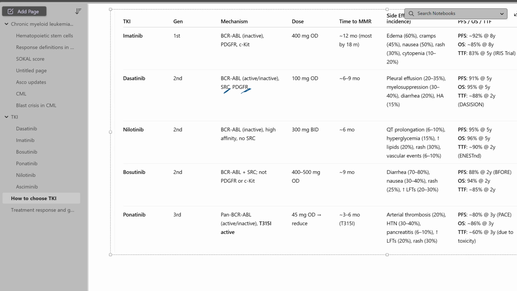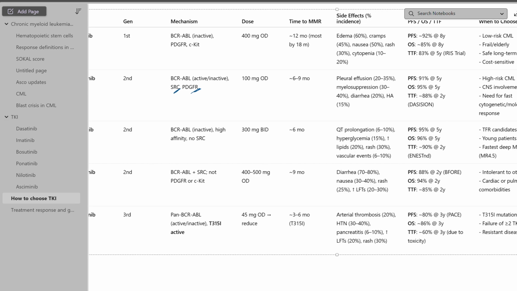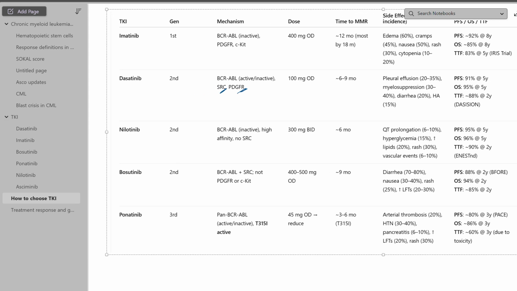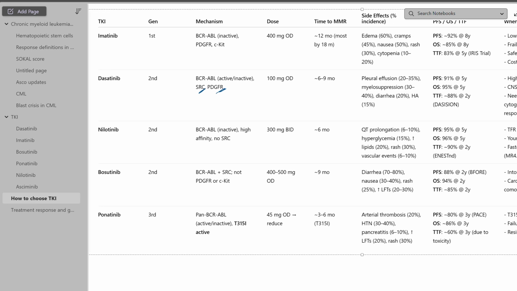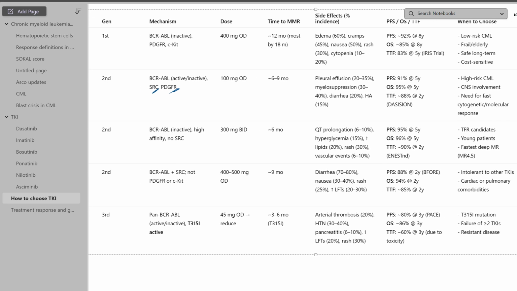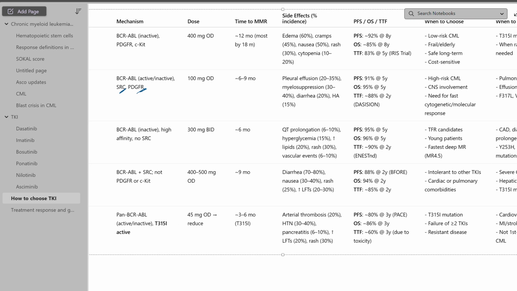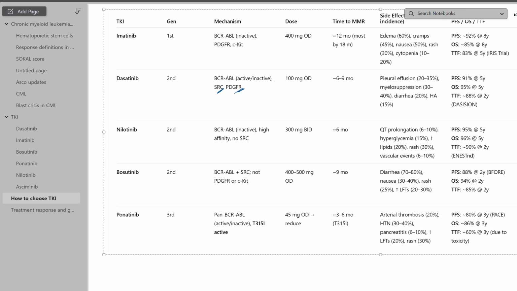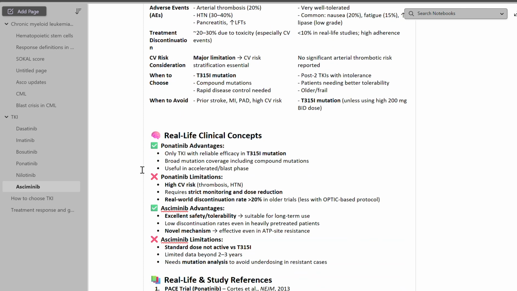Ponatinib is a pan BCR-ABL inhibitor and is useful in T315I mutation. Ponatinib, we give 45 milligrams OD. Ponatinib causes hypertension, pancreatitis, and arterial thrombosis in coronary artery disease. So if you have a T315I mutation, previously ponatinib was the only choice, but now we have something else called asciminib.